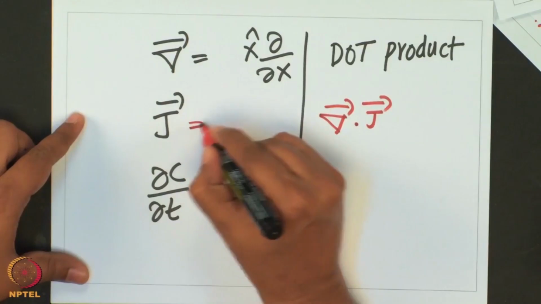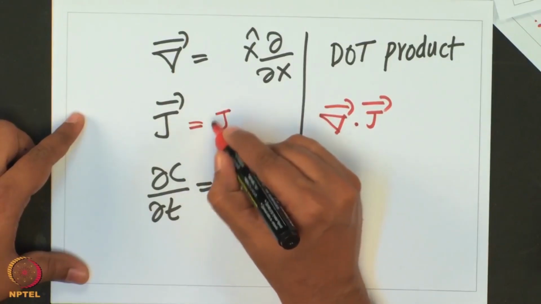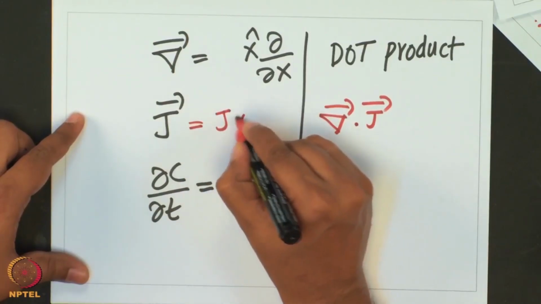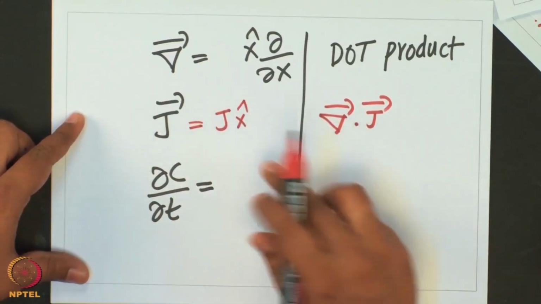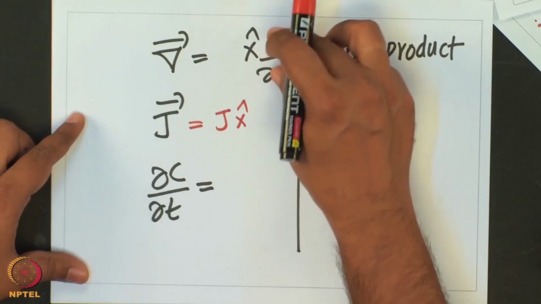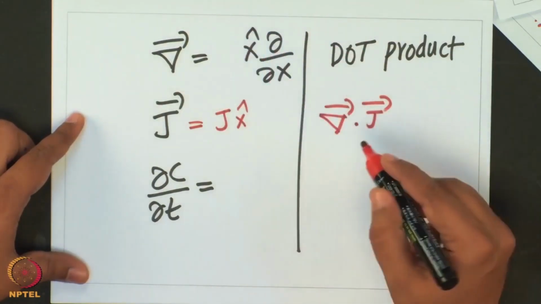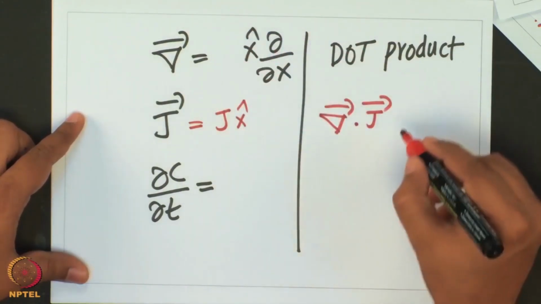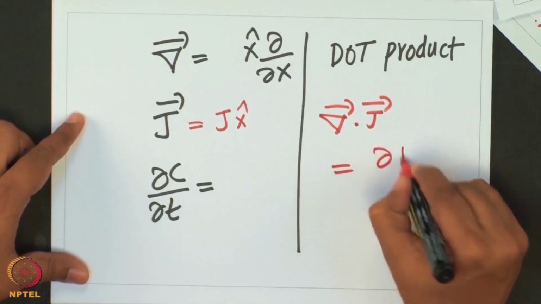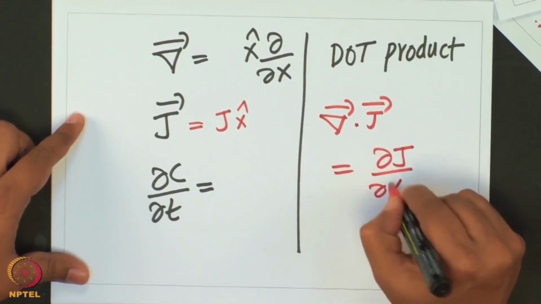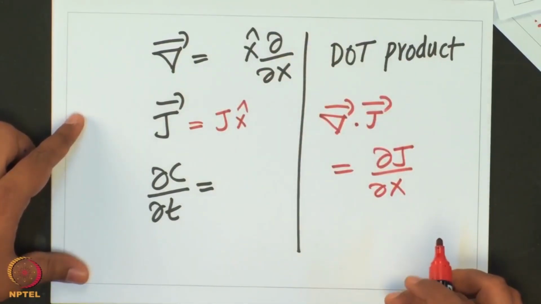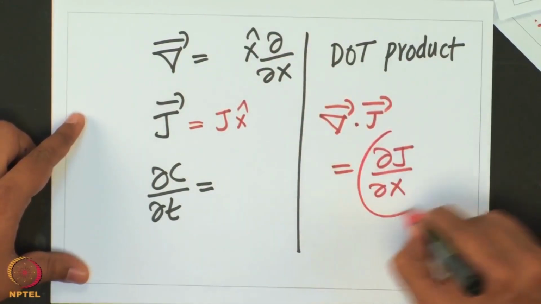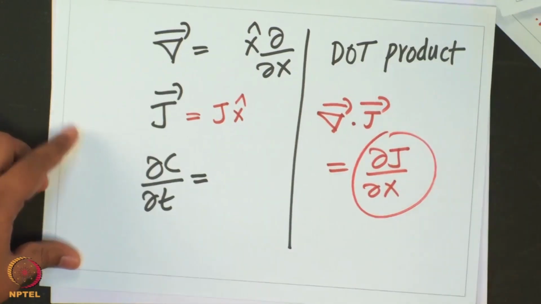So, this will have a component, let us call it J magnitude x cap. Let us say this J is J magnitude x cap. So, the product is this, and x dot x will become 1. So, this is nothing but del J by del x. In one dimension, this will be just del J by del x. So, this is the del J by del x that we are writing here.